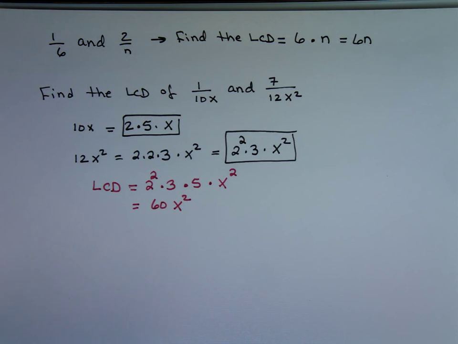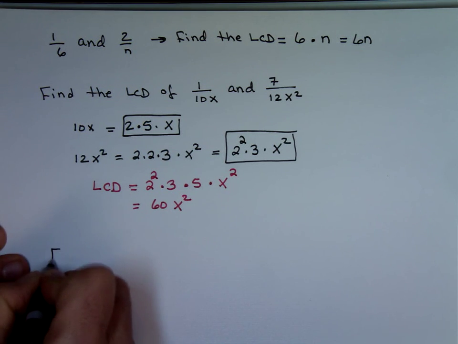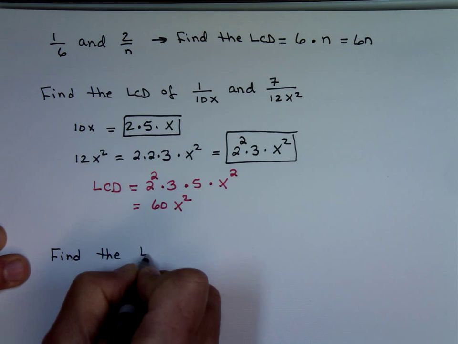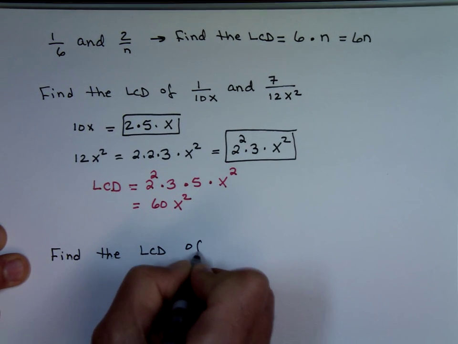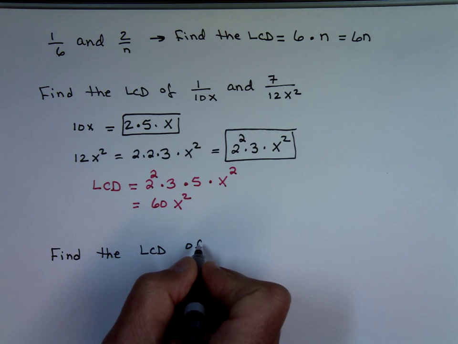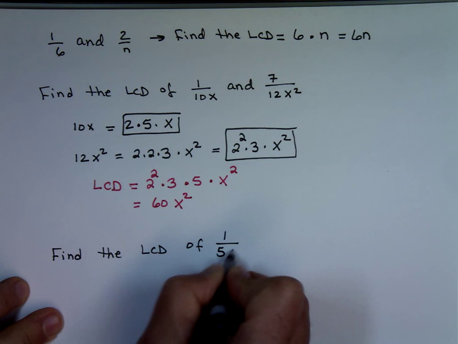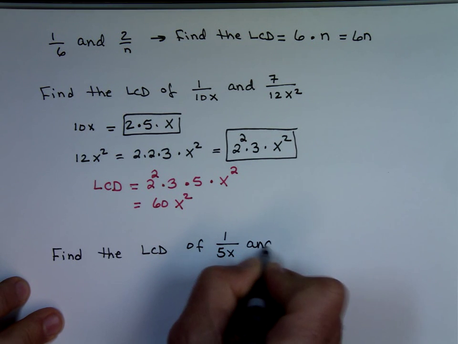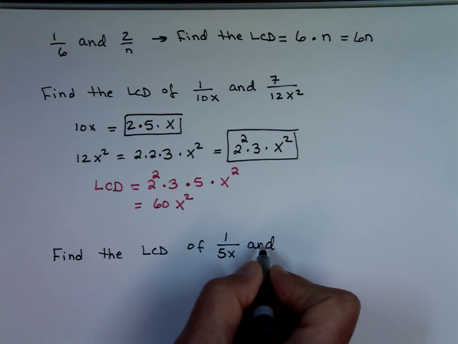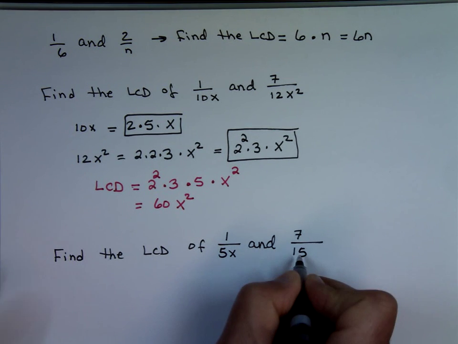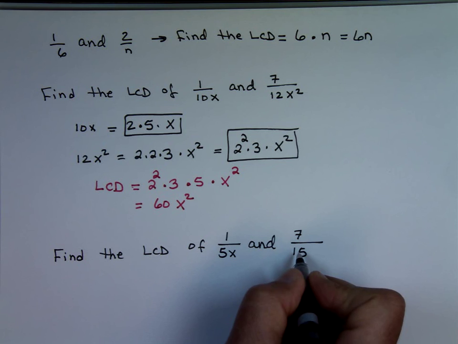Let's take another one. Find the LCD of 1 over 5x and 7 over 15xy to the third.